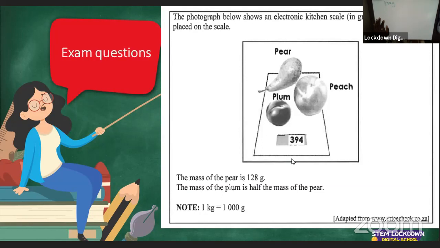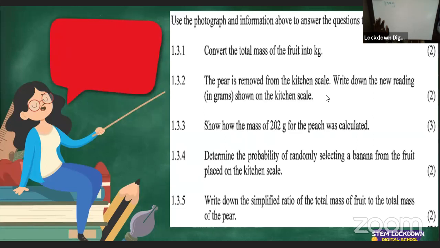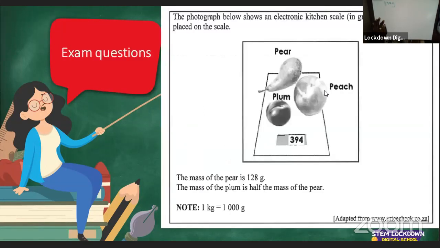So we need to subtract that from 394. So this is just a matter of subtraction. So we have 128 grams. We want to do subtraction. Since we are subtracting grams, obviously we are supposed to get grams.